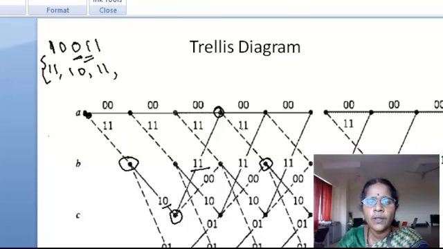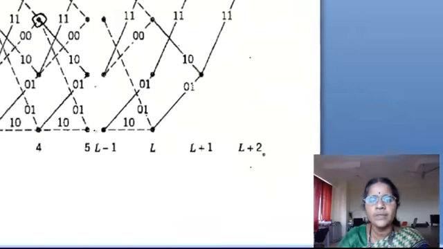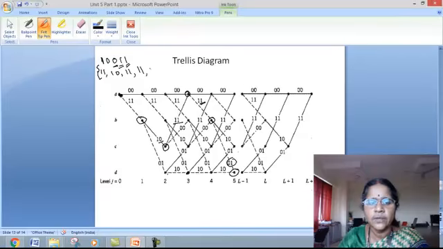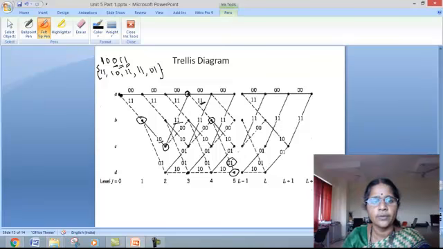Here you are with an output of 1 1. And from here you are taking a message bit of 1, so follow the dash line. You are coming to state D with an output of 0 1. So it goes like this. Simply you can traverse through this trellis diagram in order to find the encoded output.